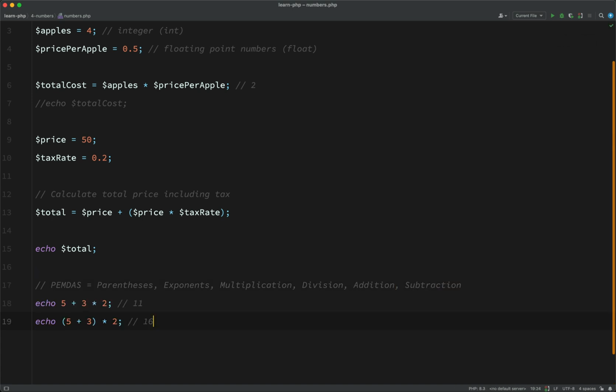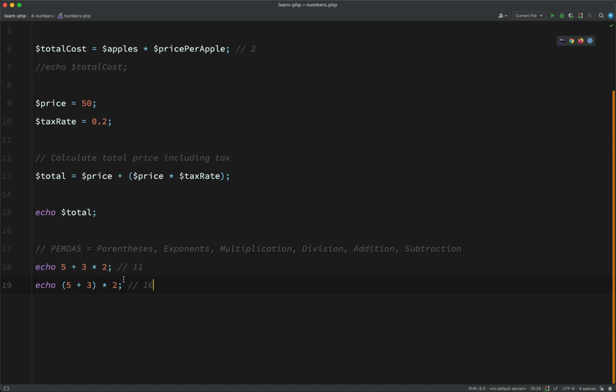So a couple of quick examples here. For the first one, 5 plus 3 multiplied by 2. So if we look at this, the multiplication is going to happen first. 3 multiplied by 2 is 6. Added to that 5, we get a value of 11.